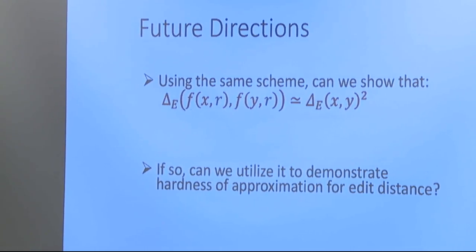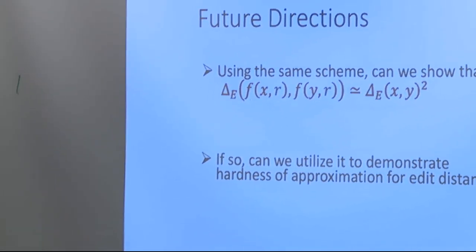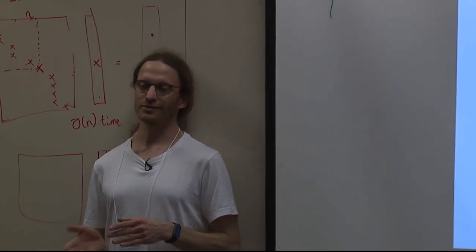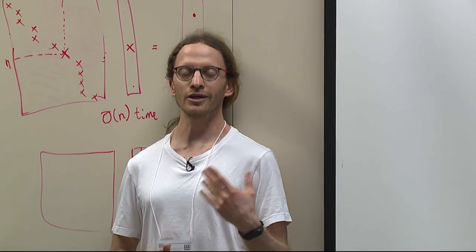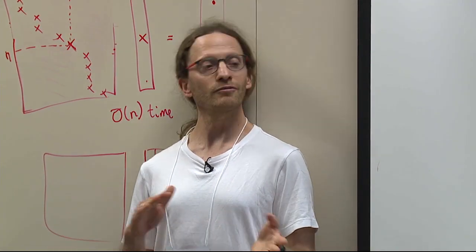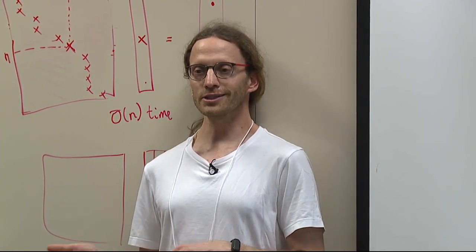So one thing we can think of is, I showed that the Hamming distance between the embedded strings is something between quadratic and linear.